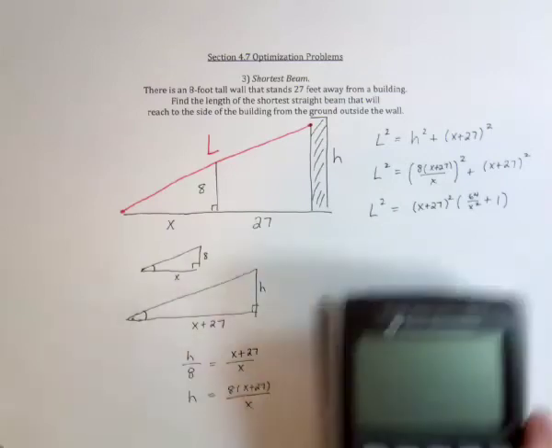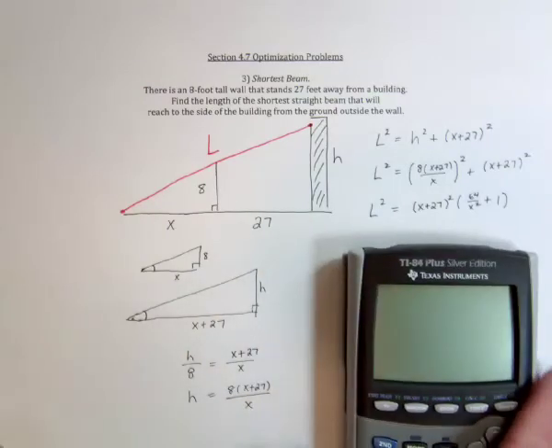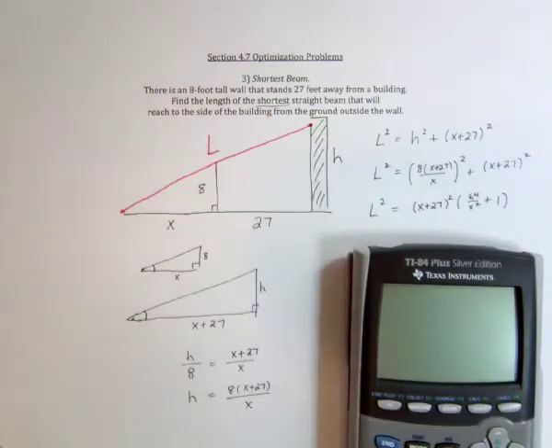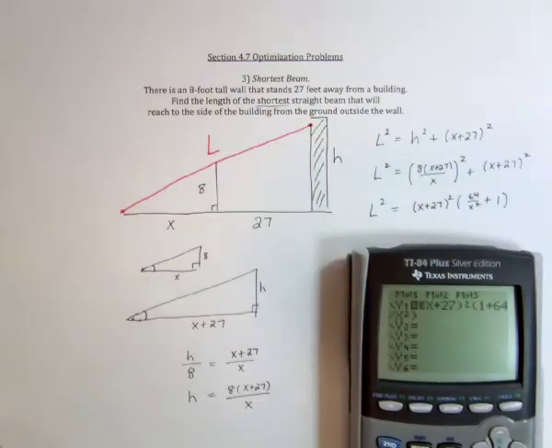And then the next thing to do is take a look at the graph and see, we're being asked for a minimum. So see if this thing even has a minimum. So there's the function. And then if you change the window to 0 to 25, and perhaps this doesn't need to be 20,000, let me try 2,000.